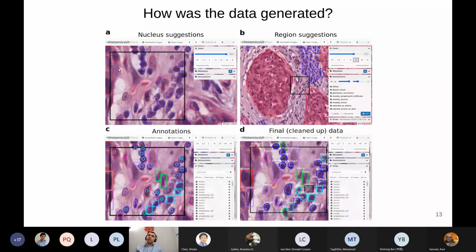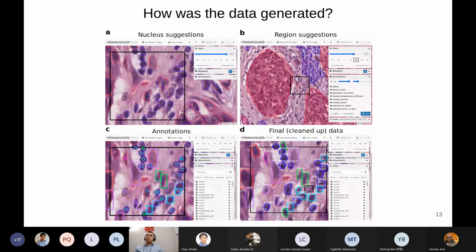The suggestions are at the level of the nuclear boundaries, but they also have region suggestions from the previous study that we created, so they know what the label of the region is. For example, this is a stromal region, and they see a bunch of suggestions from a weak computational algorithm.